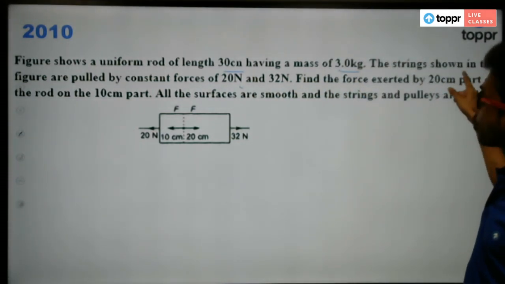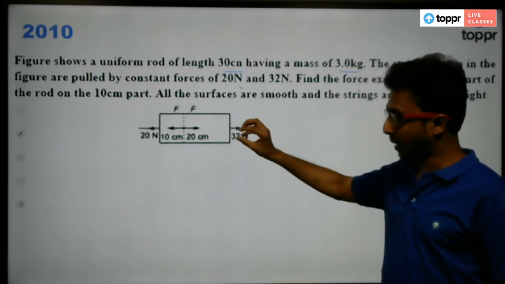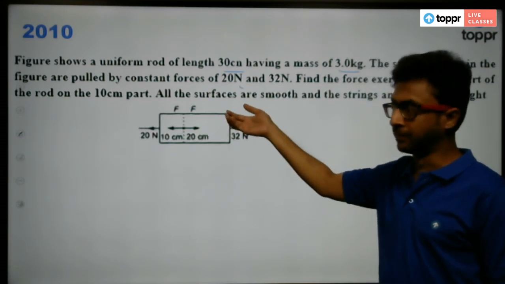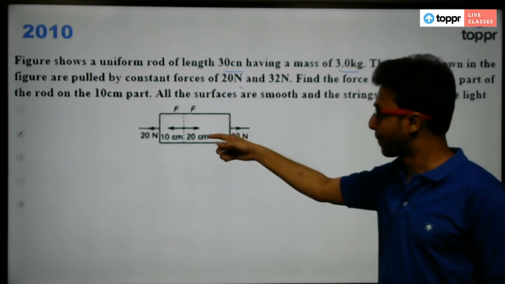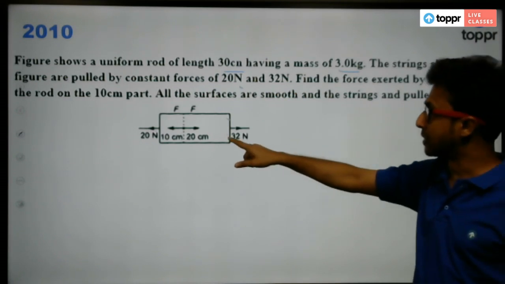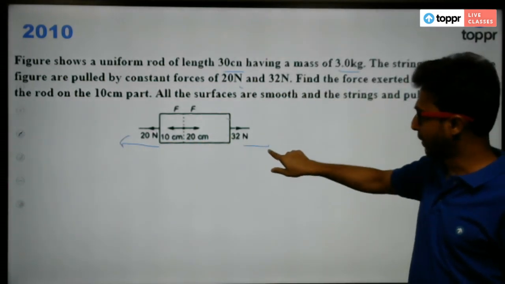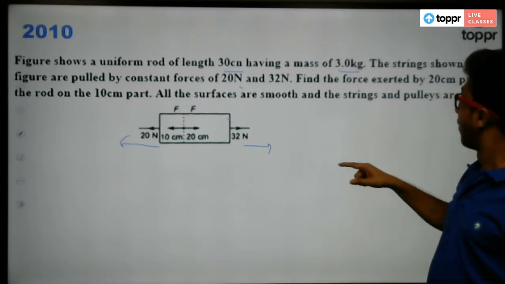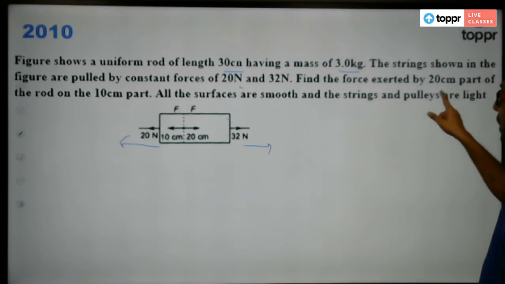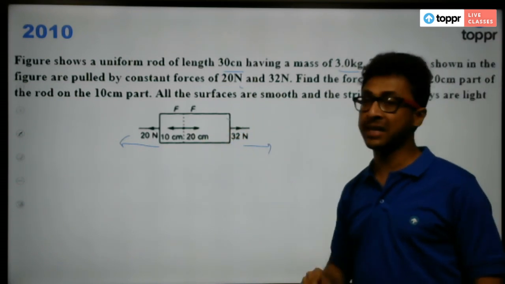The string shown in the figure is actually a magnified picture of a string. They are referring to this string, pulled by constant forces of 20 Newton in this direction and 32 Newton in this direction. Find the force exerted by the 20 centimeter part of the rod on the 10 centimeter part.